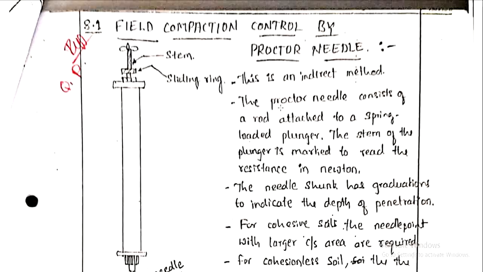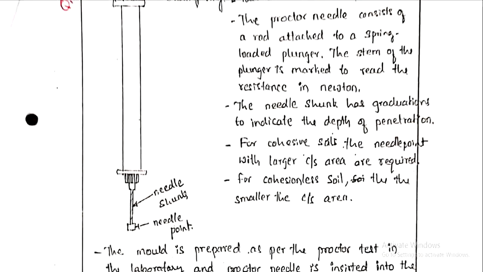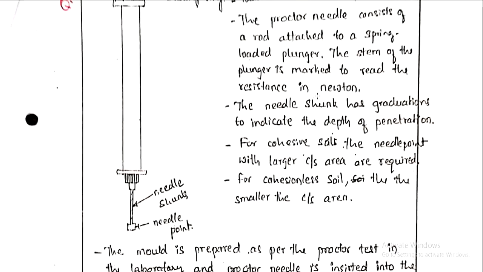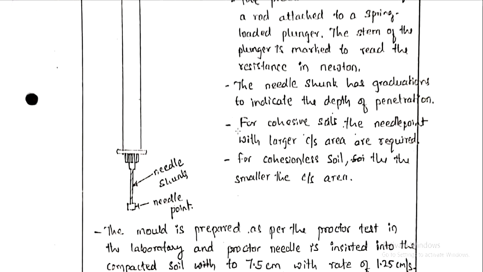The Proctor needle consists of a rod attached with a spring-loaded plunger. You can see this is a plunger. This is the Proctor needle attached with the spring. The stem of the plunger is marked to read the resistance in Newton. So this stem of the needle is used to mark the resistance against the penetration in Newton.